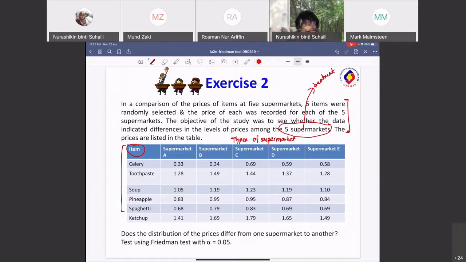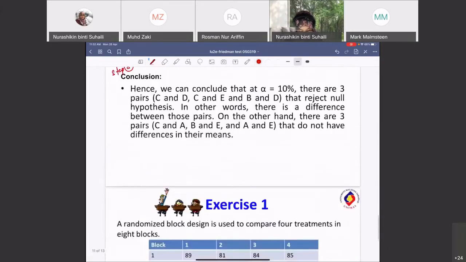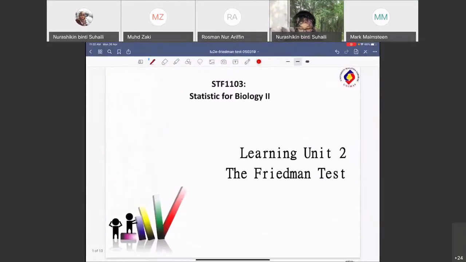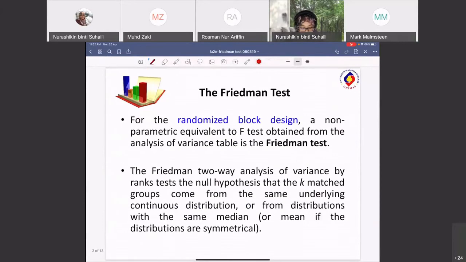So don't analyze the data without understanding the problem. The problem is not really hard; in this case, it's just about comparing the supermarkets and the items. If you don't understand it, you may wrongly assign the labels. In Kruskal-Wallis, it's not as critical as in the Friedman Test, because in the Friedman Test you have to use the formula later. So that's why you need to carefully identify the factors.